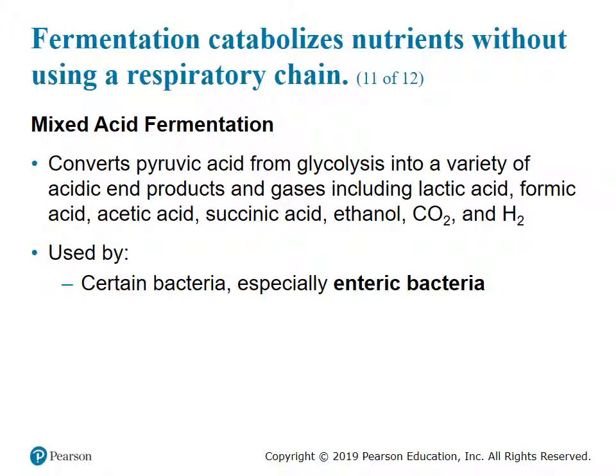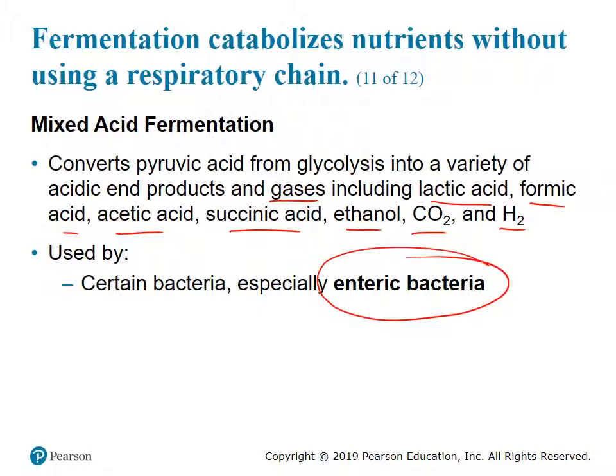Mixed acid fermentation will produce many different types of acid and gases: formic acid, acetic acid, succinic acid, ethanol, hydrogen gas, carbon dioxide. All of these are what we call mixed acid fermentation. Usually your enteric bacteria, which is a fancy word for the bacteria of your GI tract and your colon, undergo mixed acid fermentation.